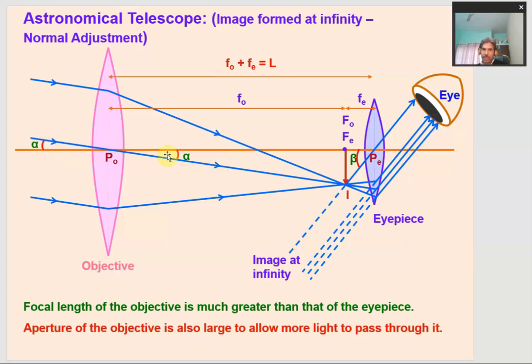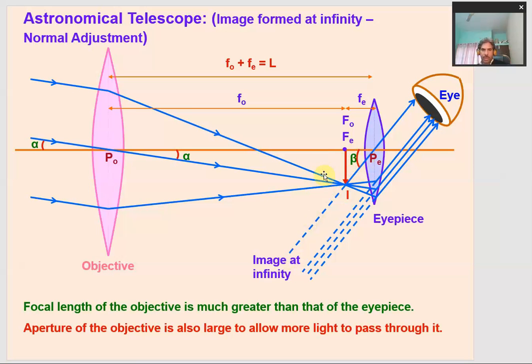For tan alpha, we will make use of this triangle P0, Fe and I. In this triangle we will find alpha, and in the other triangle, this angle is beta. This is the angle made by the image at infinity, so this is beta. In this triangle, Pe, Fe and I, we will find tan beta.